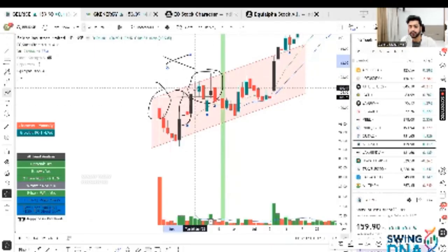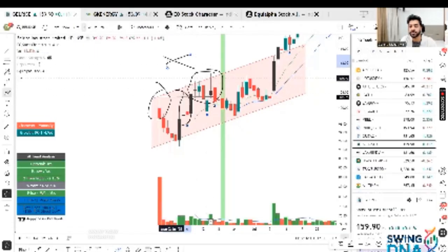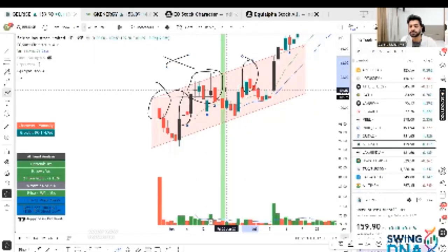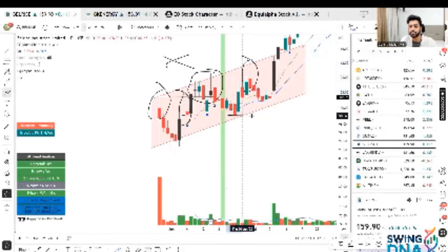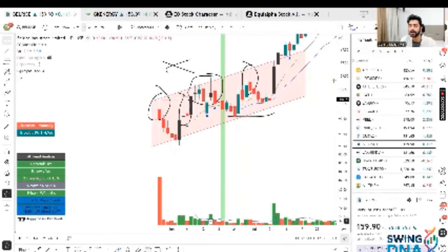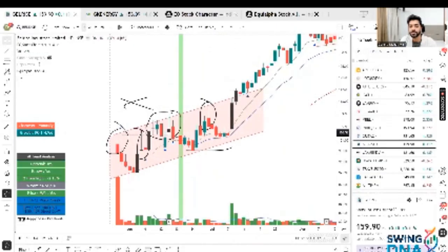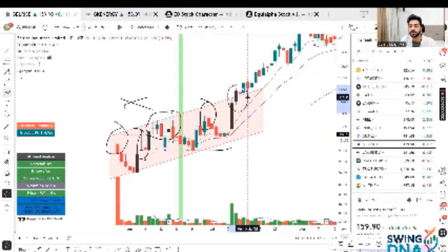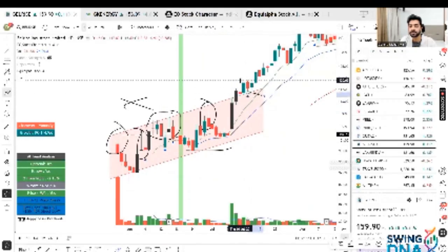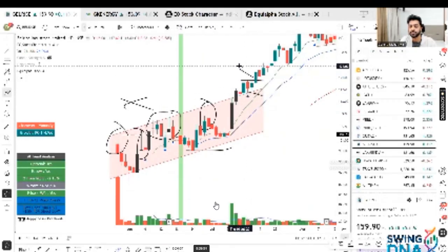It started reducing. 1, 2, 3, 4, 5, 6, 7, 8 sessions out of the first 15 had high wicks. From here you have only this one. It gave a breakout finally up here. It's a slopey base, so this is your breakout. After the breakout, this is your pullback. This will be your entry candle somewhere on 5 minutes.